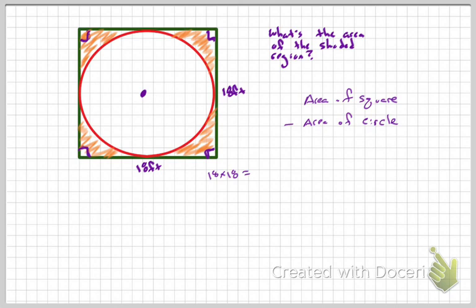Our circle, if you think about it, if I were to draw a radius straight down, or straight up, either or to the side, right? Because remember, the center of that circle would be at the center of the square, so that means the radius is going to be half the side length of that square. So that is how you would do a problem kind of like that. And we're all done. Good luck.